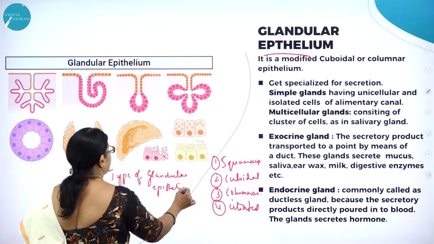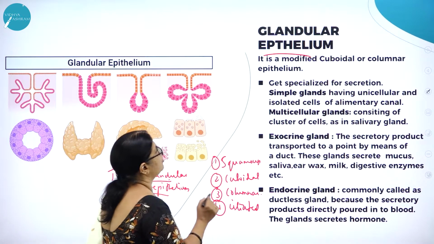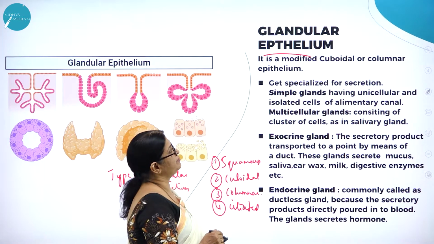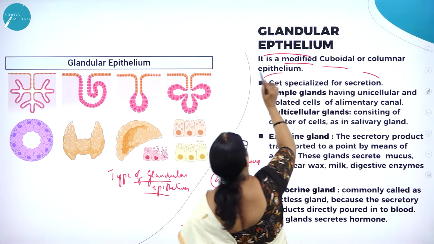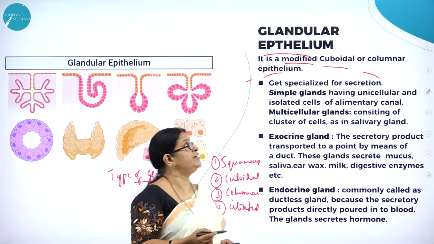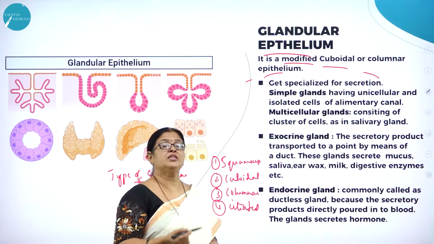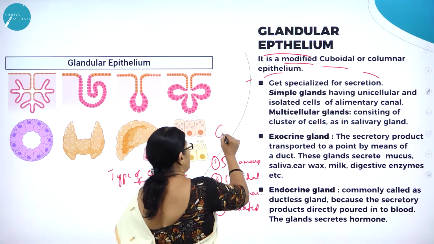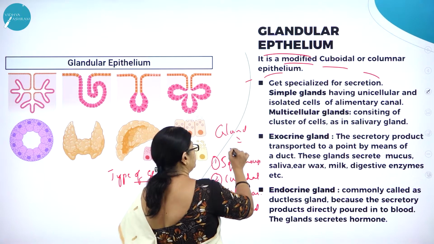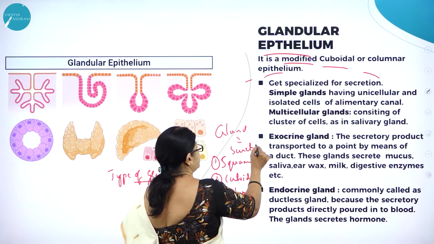Types of glandular epithelium. Now, what is glandular epithelium? It is a modified cuboidal or columnar epithelium. How do we define this glandular epithelium? The very word itself will tell you. Whenever we use the word gland, it has something to do with secretions.